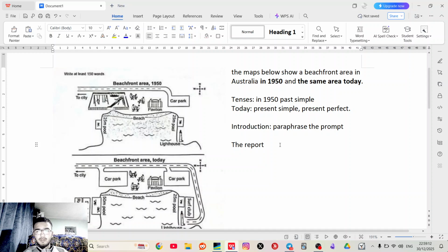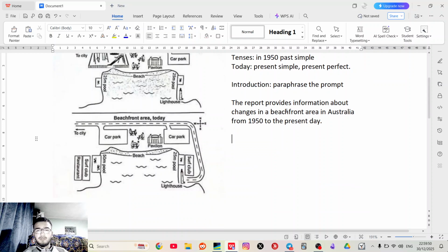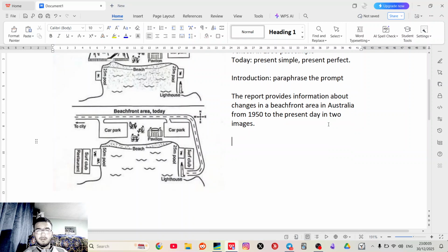The report provides information about changes in a beachfront area in Australia from 1950 to the present day in two images.